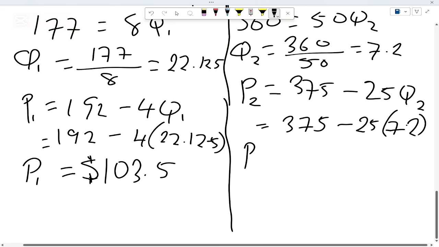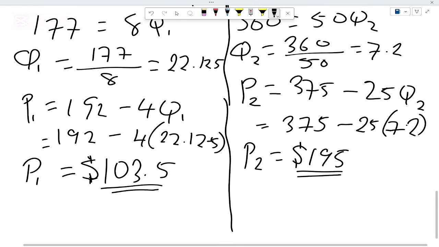So with this, P2 is equal to $195. So now this represents the price charged in the first market. $103.5 is the price charged in the first market, and $195 is the price charged for the second market.